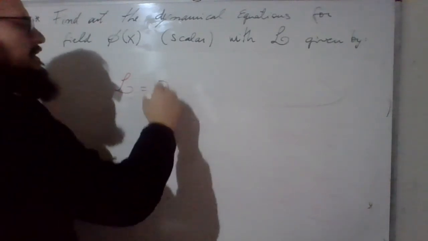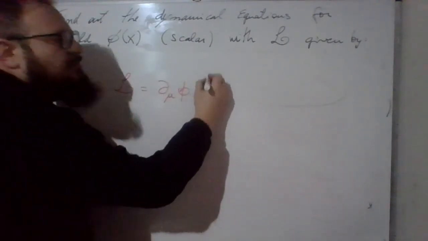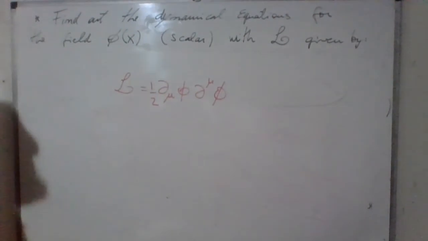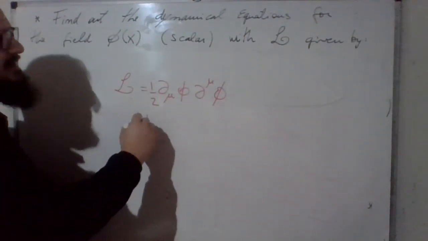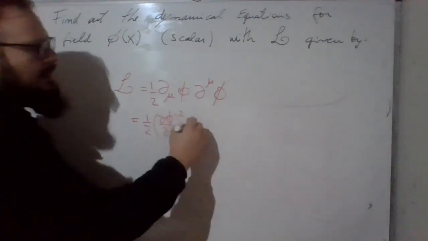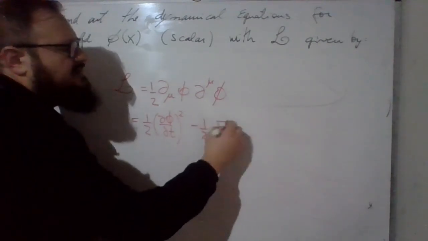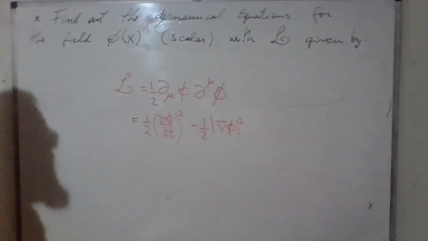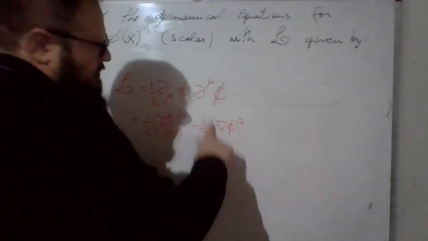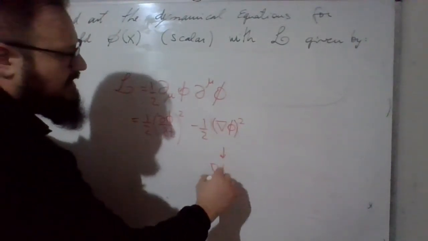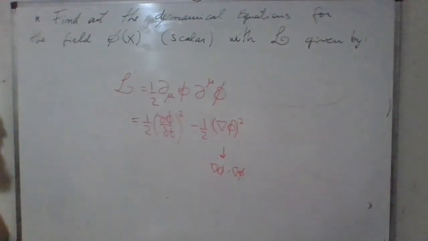For a scalar field, the Lagrangian could be written this way: d mu phi and upper index d mu phi, 1/2 of that, and this corresponds exactly to 1/2 of the time derivative squared, I'm using c equals 1 now, minus 1/2 of the gradient of the field squared in modulus. This gradient squared represents, as a matter of fact, gradient of phi dot gradient of phi. You write this as gradient squared.